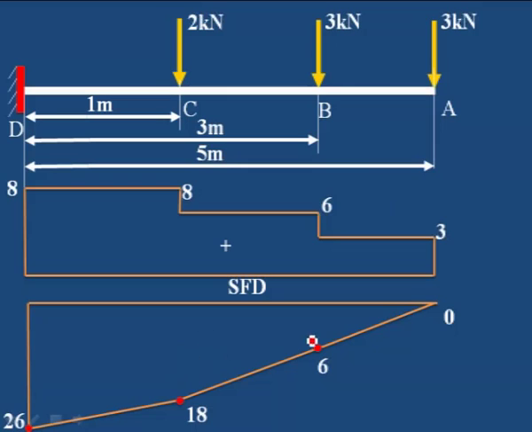This closed polygon is called the bending moment diagram. Here we have to mark all the salient points that we calculated. Negative. Okay. Like this, if any number of point loads are given, we can calculate the bending moment and shear force diagram easily.